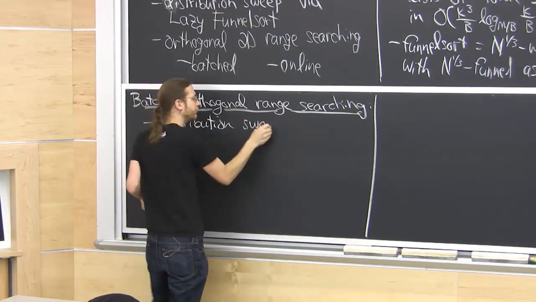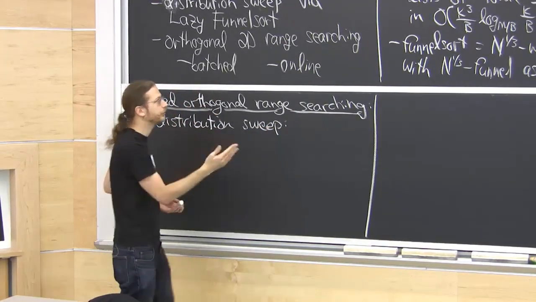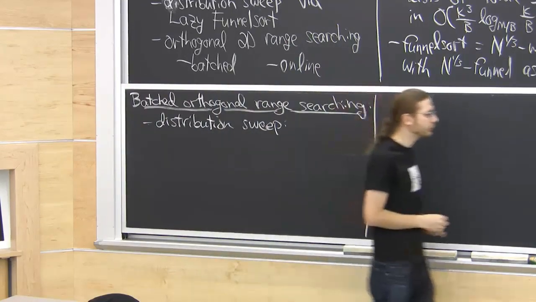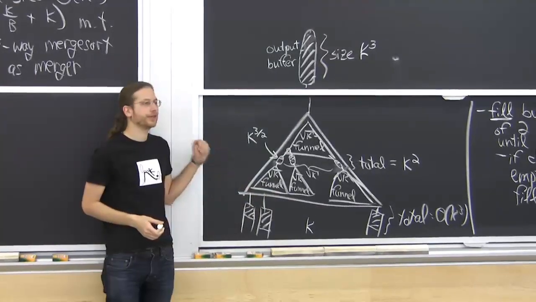The idea with distribution sweep is that not only can we use this cool funnel sort algorithm to sort, but we can think of it as doing a divide and conquer on the key value.